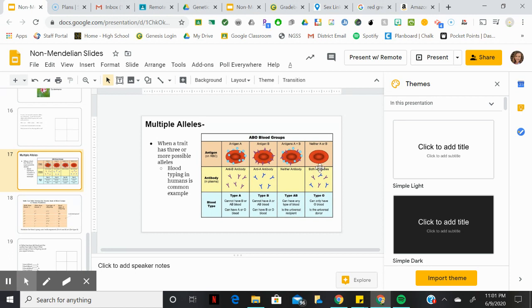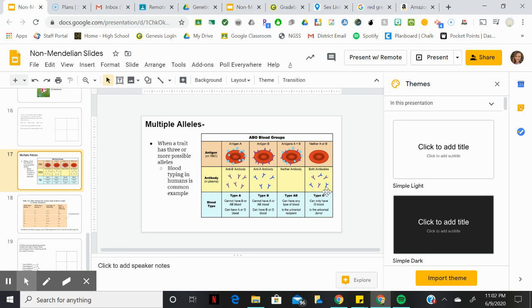The most common blood type is type O, right? You have no antigens. You have nothing on your red blood cells that mark it as being foreign. This is evolutionarily advantageous because you can accept type O from anyone. Or I'm sorry, no. Wait. I got that backwards.